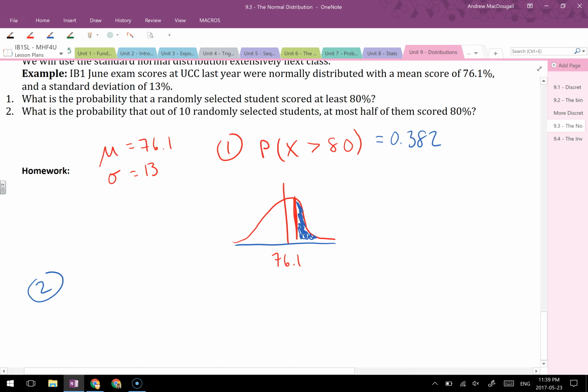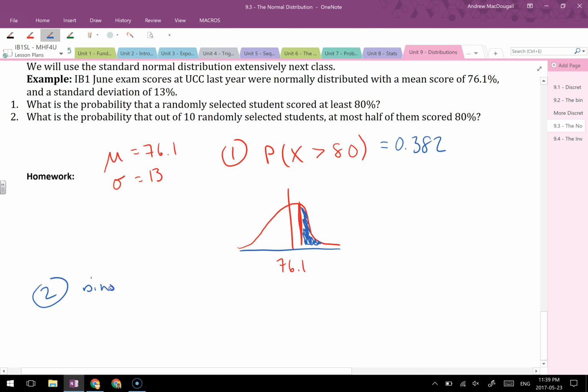We have 10 trials, so this is binomial with 10 trials. Probability of success, P equals 0.382.